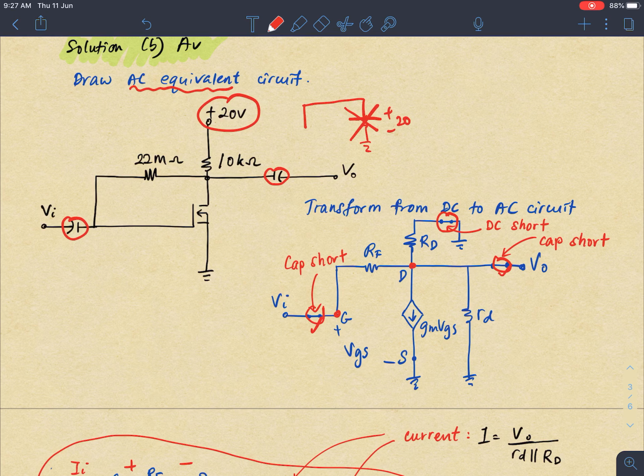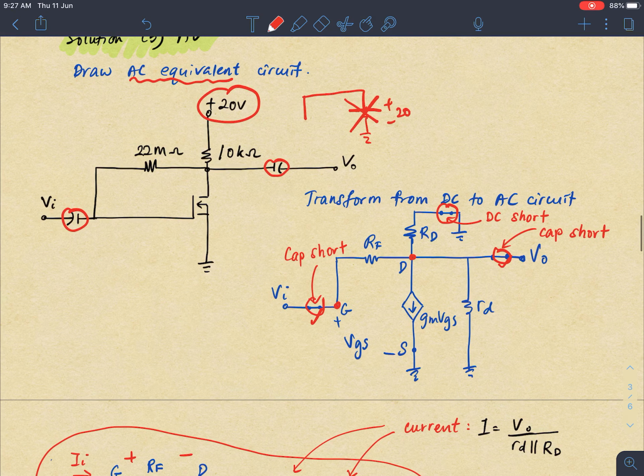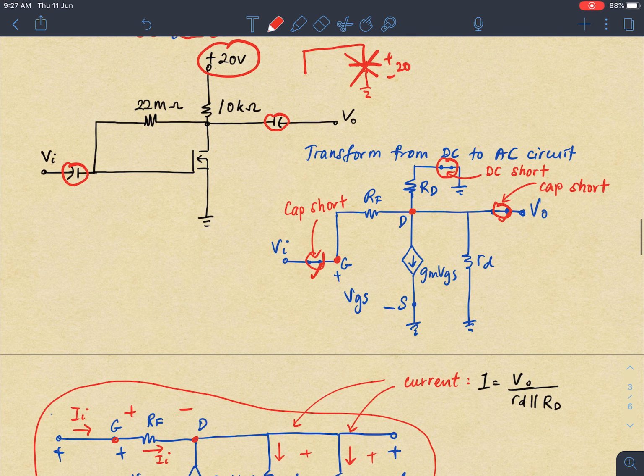Then we rearrange these figures until like this. Don't forget to change the E-MOSFET. So the E-MOSFET is like this. This is your E-MOSFET, your device.